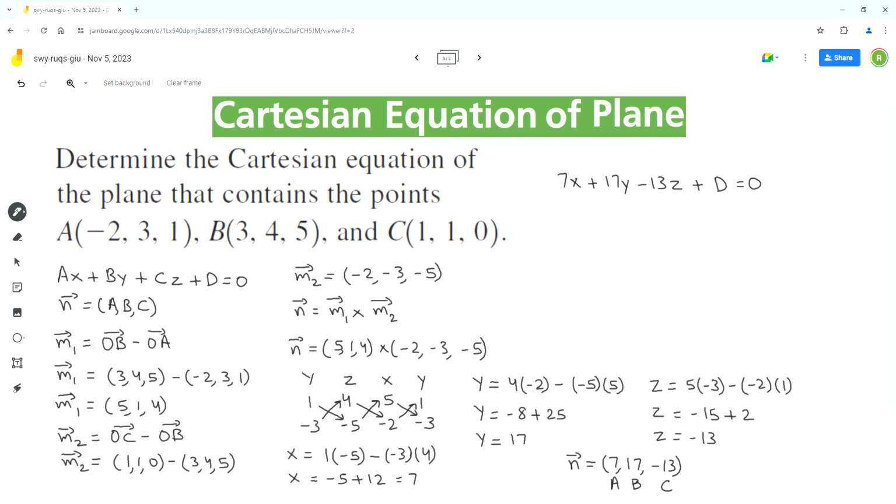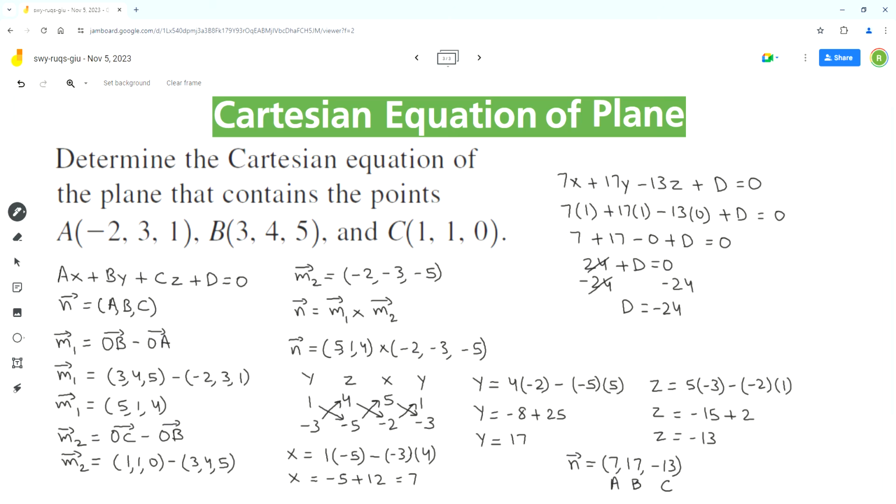So we can sub in x as 1, y as 1, and z as 0 from point C to find the value of D. I get D equals -24.